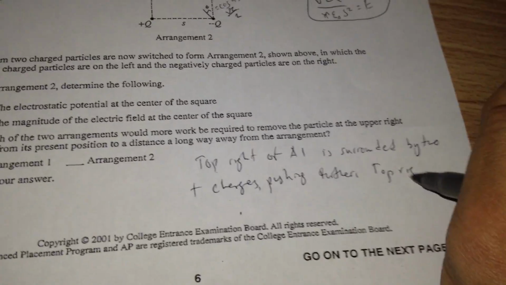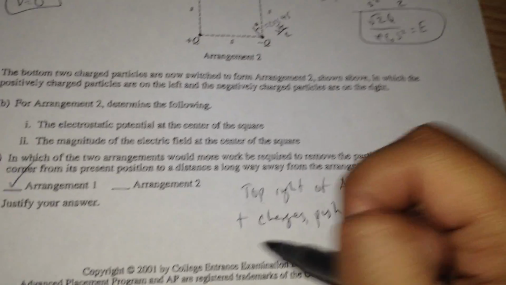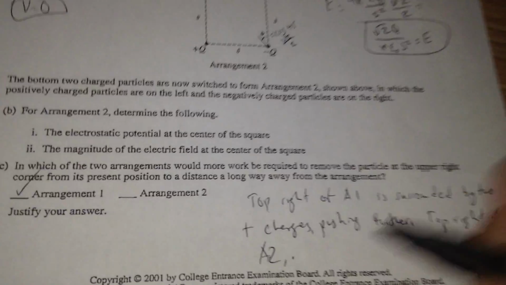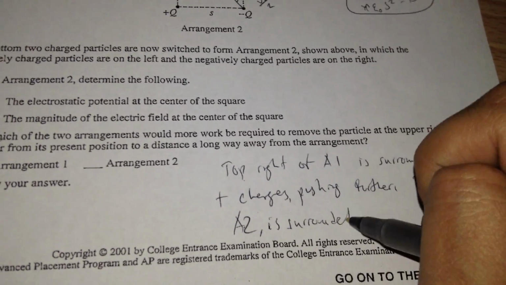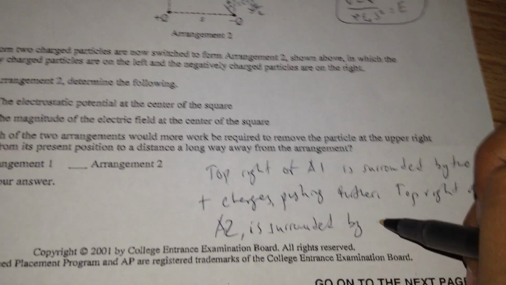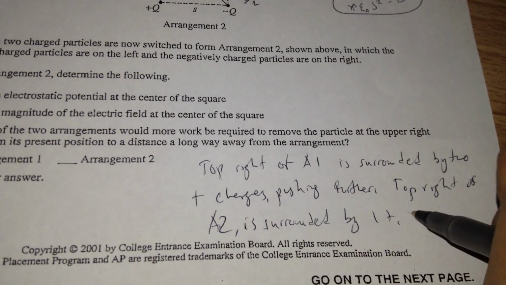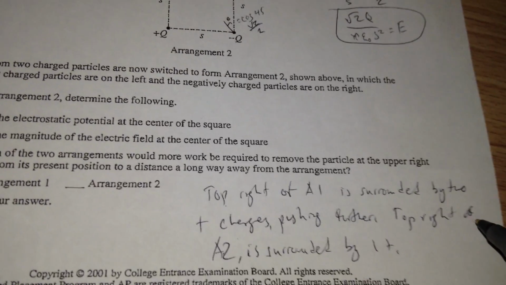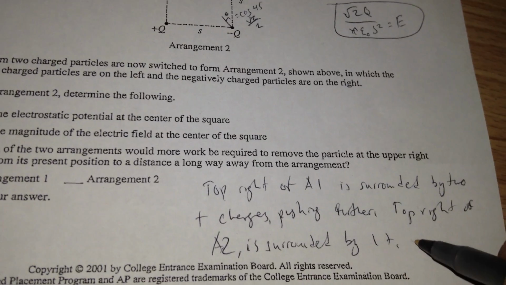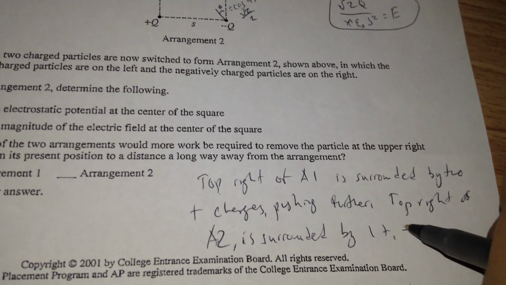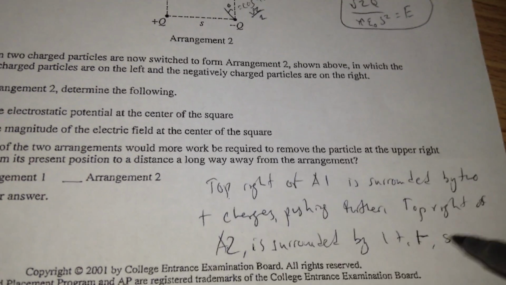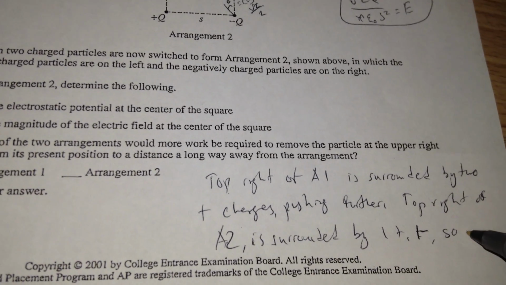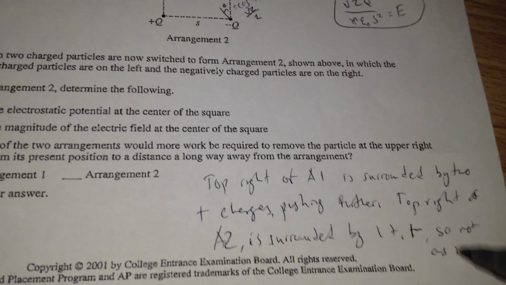Top right of arrangement 2 is surrounded by one positive and one negative. So not as far. That's why it's arrangement 1.